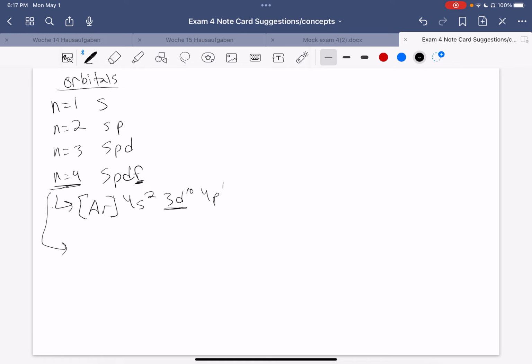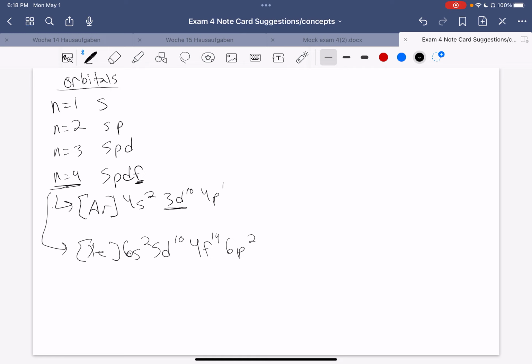So lead has a xenon core, and then we have 6s2, 5d10, and then 4f14, and then we get to 6p2, which is where lead is in the sixth row in the second electron in the p section.